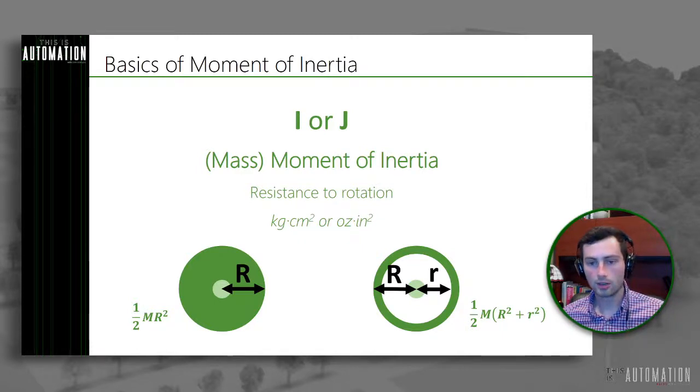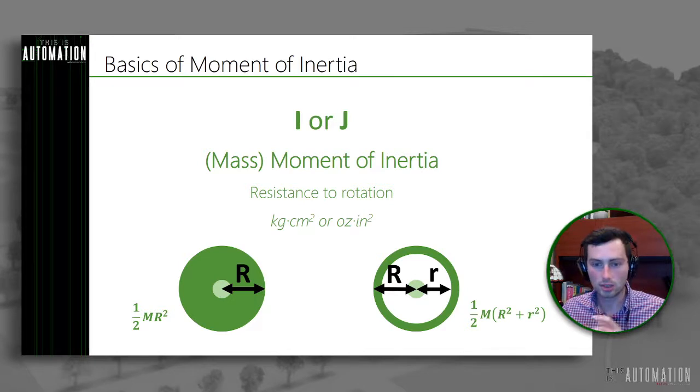Now, to explain the concept of moment of inertia, we've got another object. Let's assume it has the same mass and the same outer radius, but there's a hollow part in the middle. So instead of a solid cylinder, this is a hollow cylinder. To get the same mass, we would either need to change the density or change some of the geometric dimensions of the object.